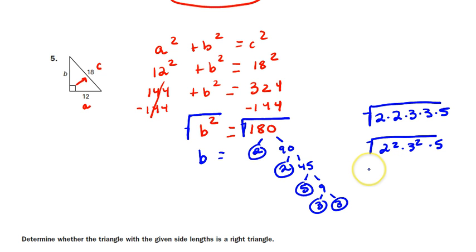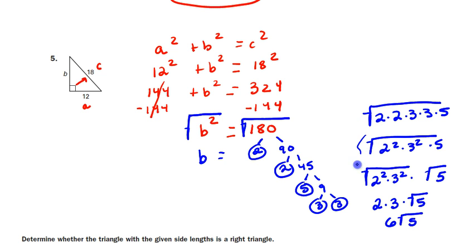Now if you remember from our rules from the last video, I can separate these out and I end up with the square root of 2 squared times the square root of 3 squared times the square root of 5. These are inverse operations, so I end up with 2 times 3 times the square root of 5, or 6 times the square root of 5.